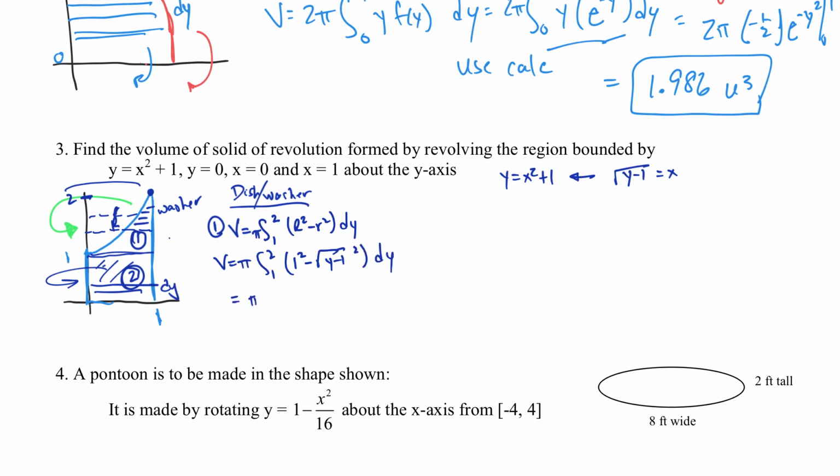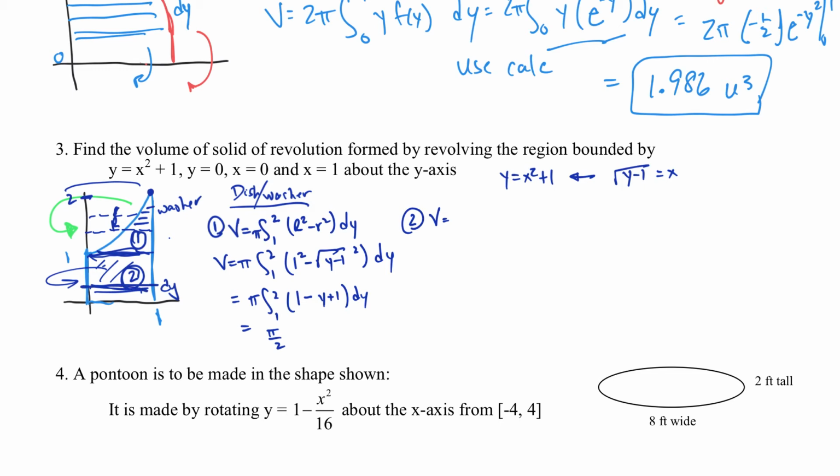Region 1 ends up being pi times the integral from 1 to 2, and this will be 1 minus y plus 1 when I clean it all up, right? dy, and finishing this off, you'll get pi over 2. Region 2 will end up being the volume, and here, this is region 2. All I have is one big radius, and all I have to do is rotate it around, which should be pretty easy.